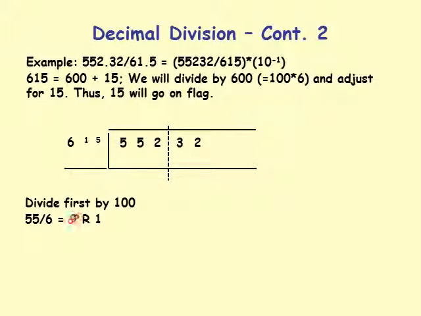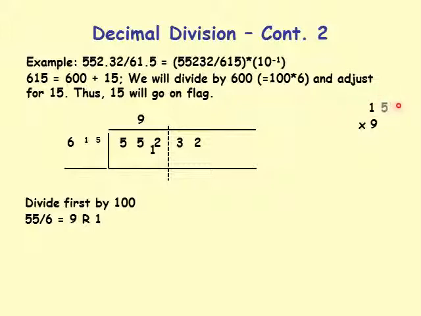55 divided by 6 is 9, remainder 1. 9 goes to the quotient, 1 as a remainder. We prepend the remainder 1 to the next digit, so we get 12 as the next gross dividend. Then we will start to adjust using the vertical and crosswise.